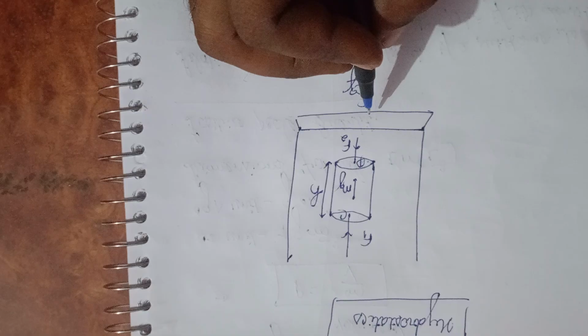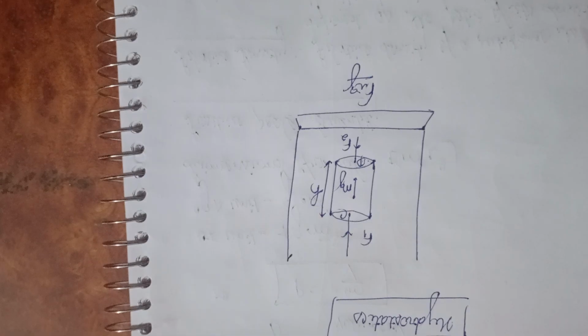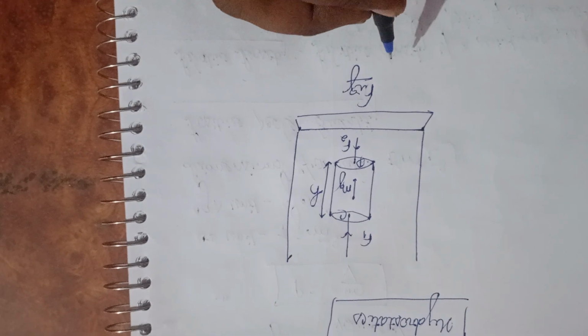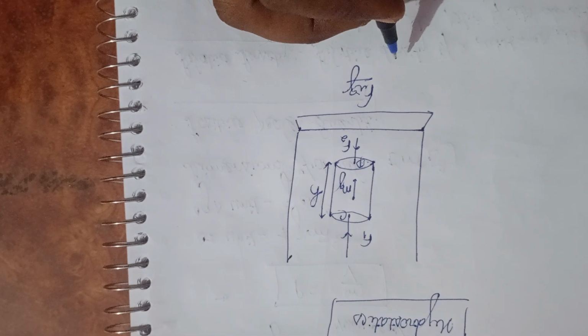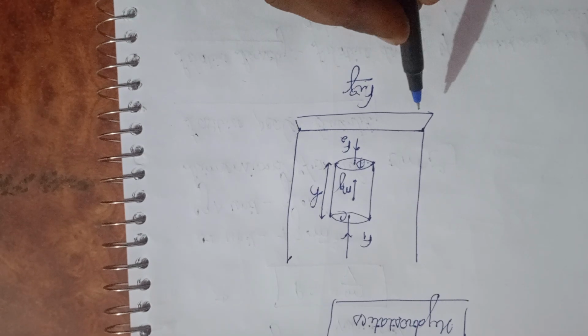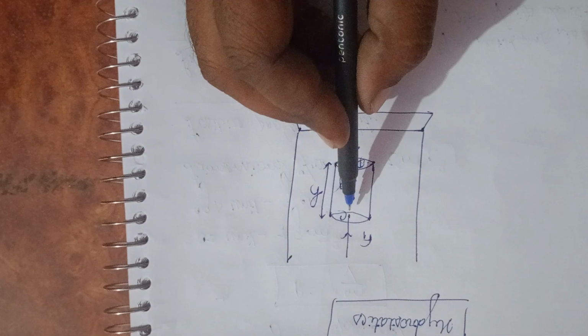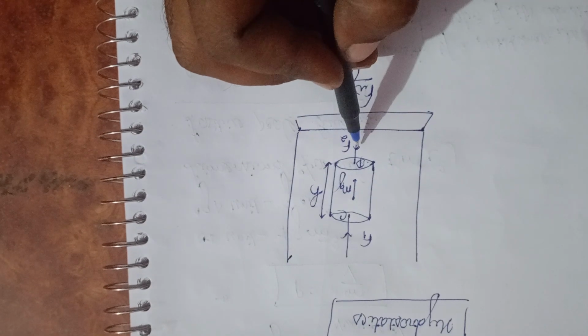The mass of the liquid in the imaginary cylinder will be m is equal to volume into density is equal to AH into rho is equal to AH rho. Let P1 and P2 be the pressures of liquid at C and D respectively.